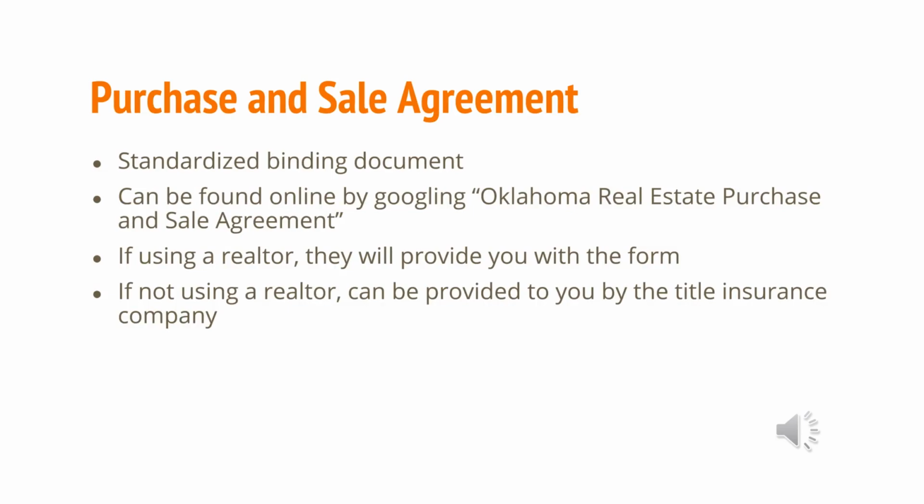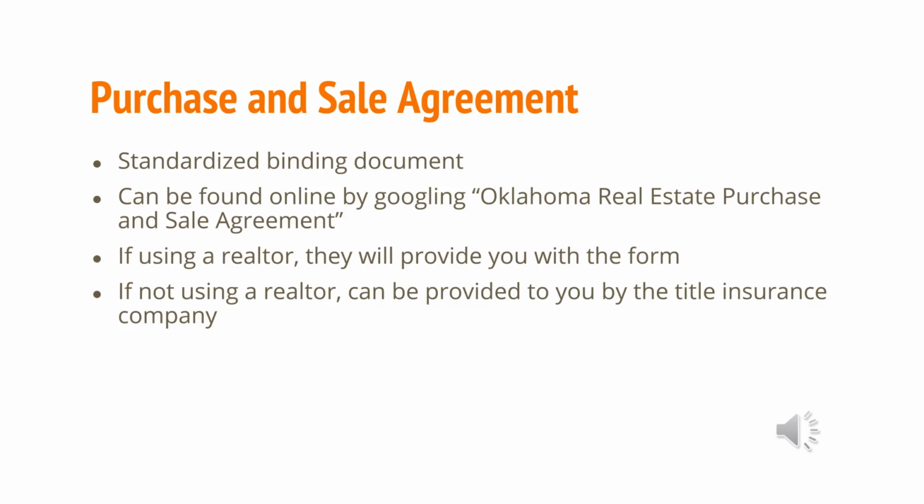If the LOI looks good, the next step is typically the purchase and sale agreement. And this purchase and sale agreement is a standardized binding document. Remember, the LOI is a non-binding document and typically gives you maybe 3 to 5 days to complete the purchase and sale agreement.